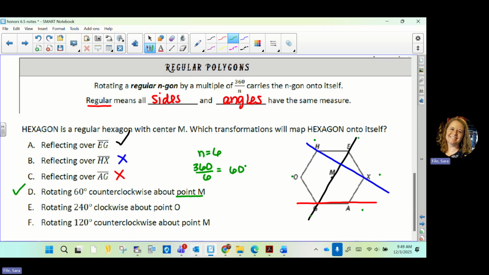Now, this one says 240, but it's around a different point. It says around point O. That is not the center. So that one is not going to work. Minus 120 is a multiple of 60, and it's around the center. So yes, that one would work as well. So it was A, D, and F that worked.